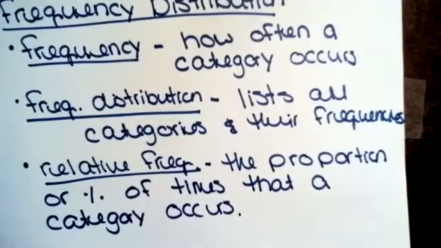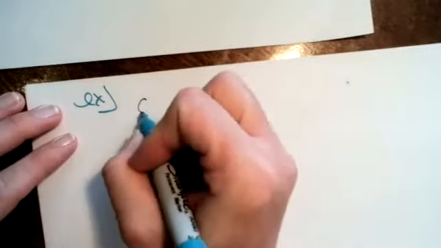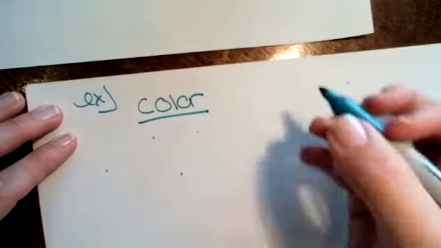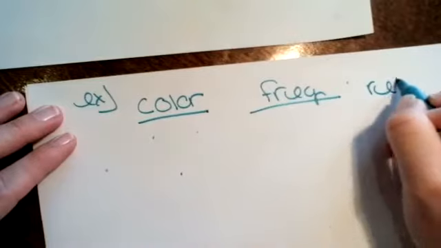So let's just take a look at a quick example of this. I like to change up my colors a little bit here. So for example, if we have different colors that people are wearing today, okay? I'm going to show you what the distribution looks like. So I'm going to organize it by color, maybe the color shirt they have on, and then frequency, and then the relative frequency.